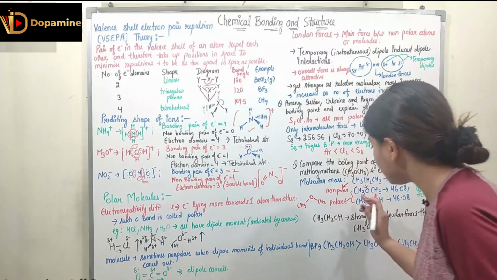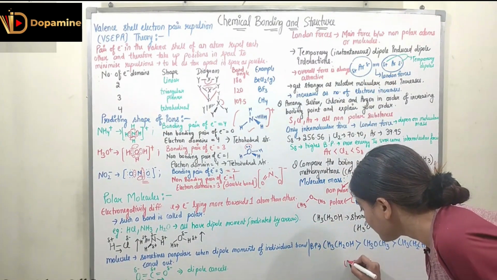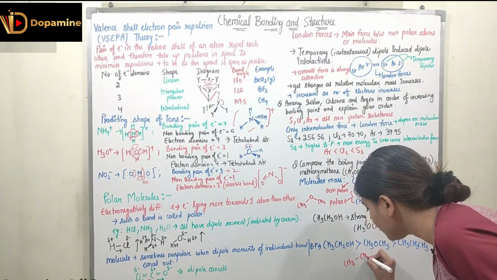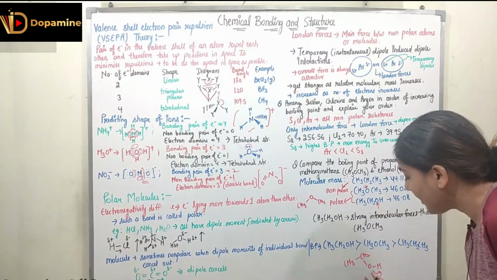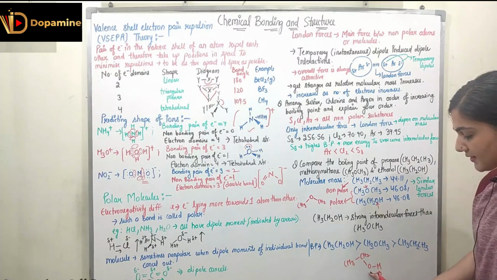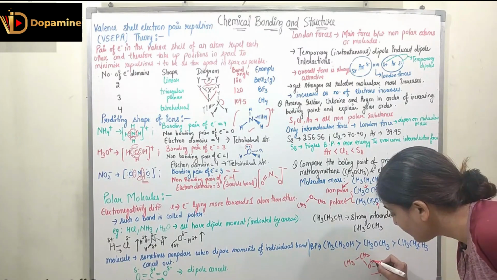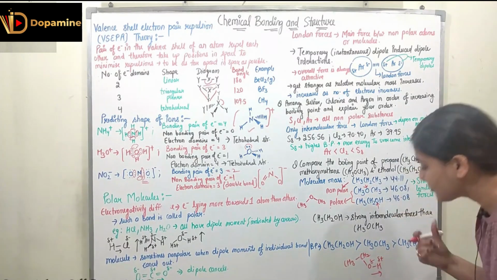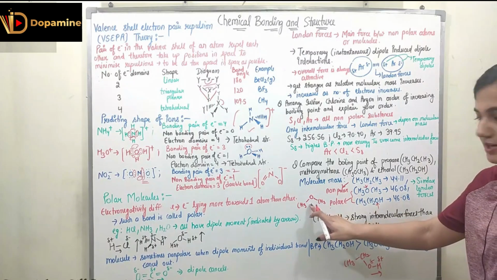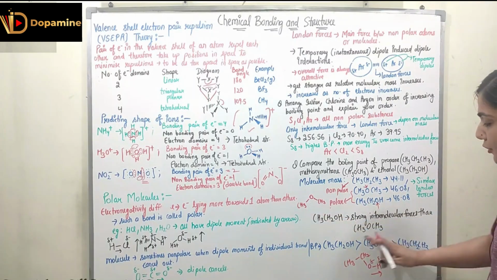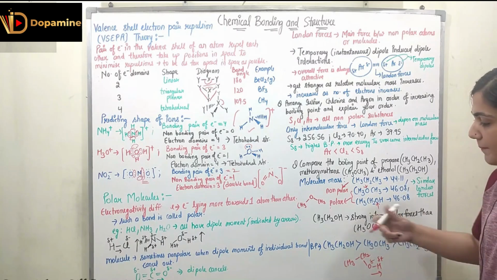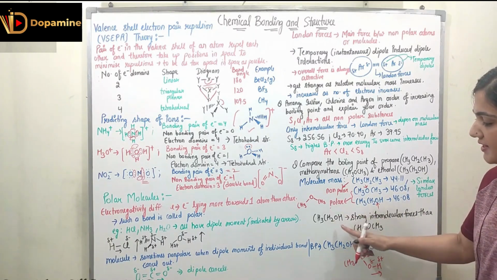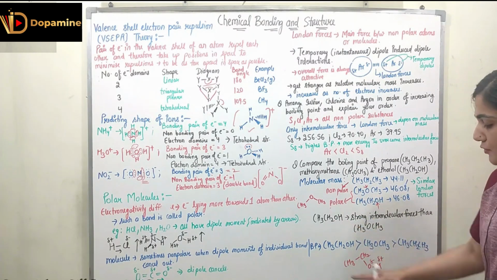But if I see CH3CH2OH, here we have CH3CH2 and O and H connected. When a hydrogen atom is connected to oxygen, we have an induced dipole which is very high as compared to the other structure, right? So due to these strong intermolecular forces, the boiling point of CH3CH2OH would be higher than CH3OCH3.